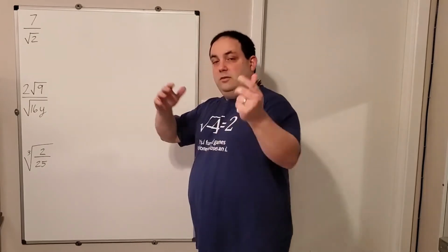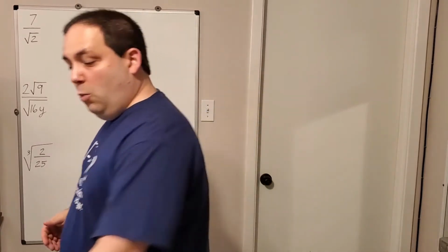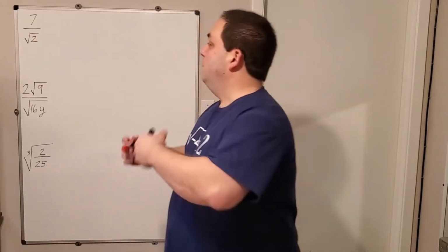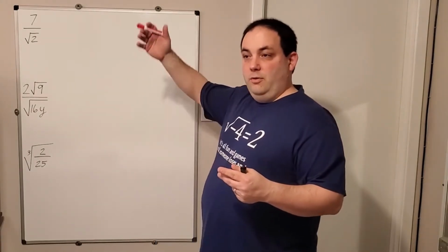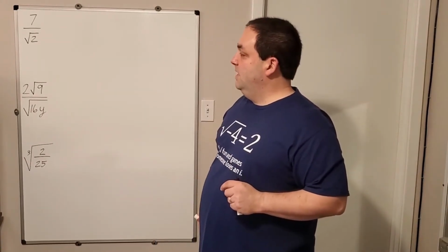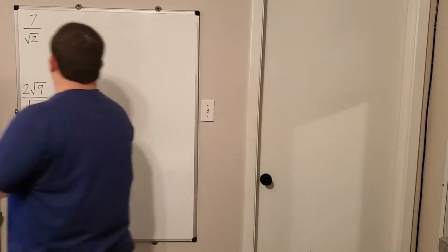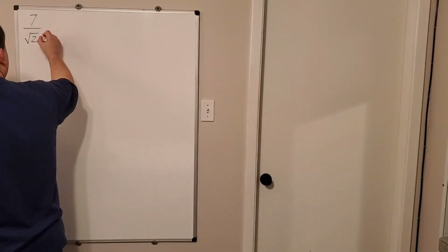So as we saw in the beginning reminder skills, what we would want to do is multiply, because fractions allow me to multiply the numerator and denominator at the same time, as long as I don't do two different things. So in this case, what I want to do is multiply by square root of 2.